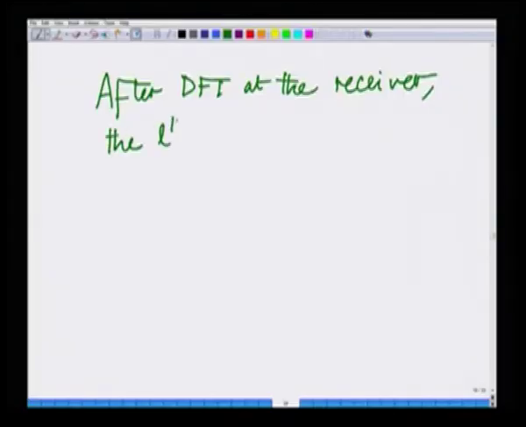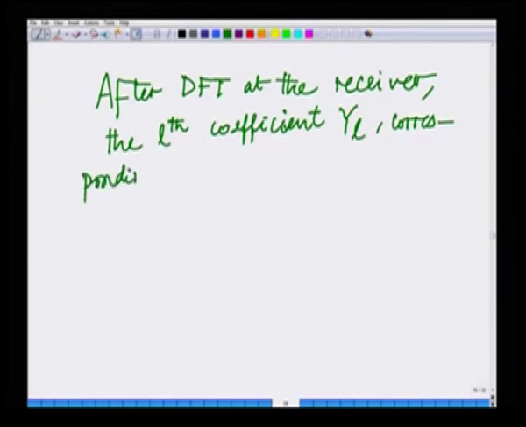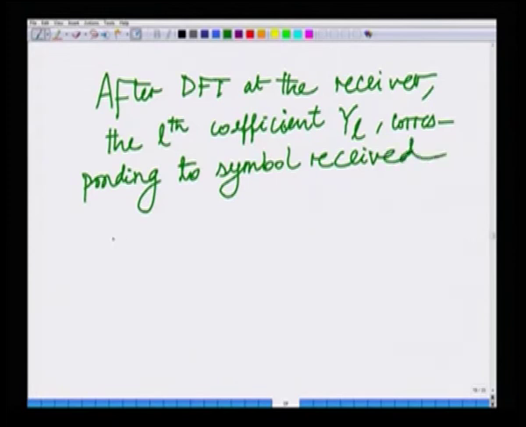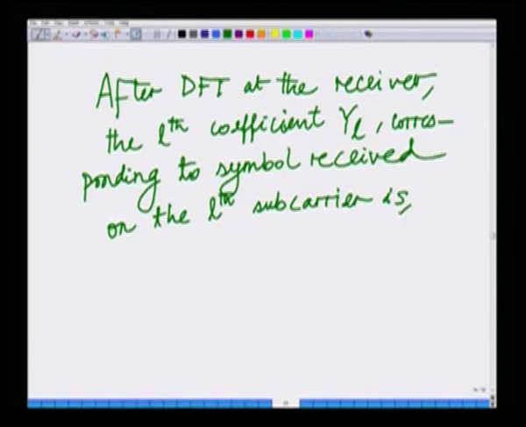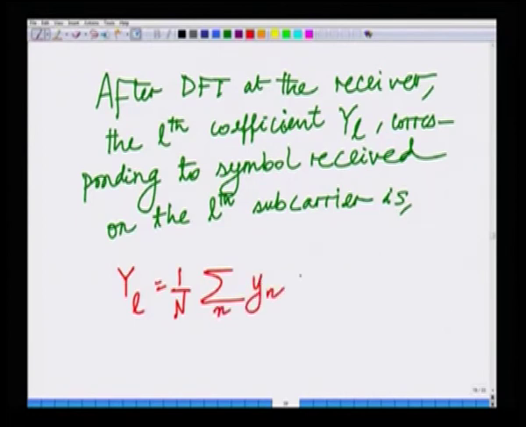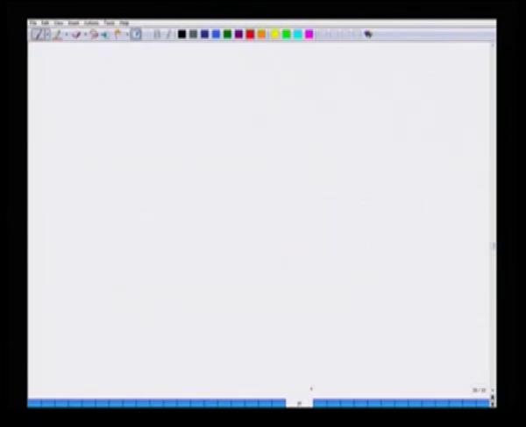The Lth coefficient after the FFT is Y_L equals 1 over N summation of y_n e^(-j2πnL/N).